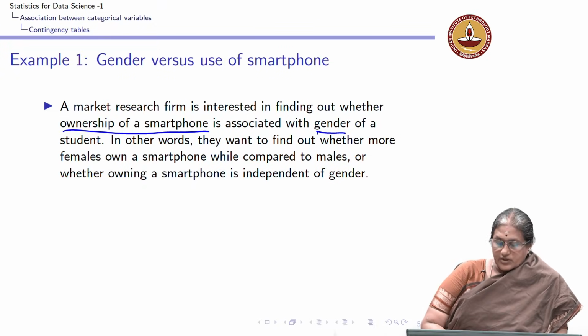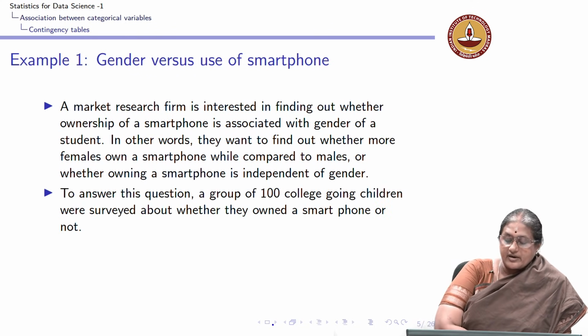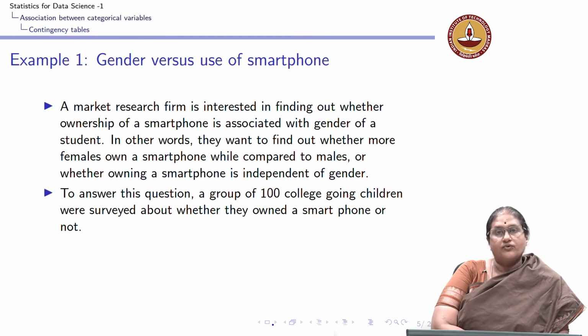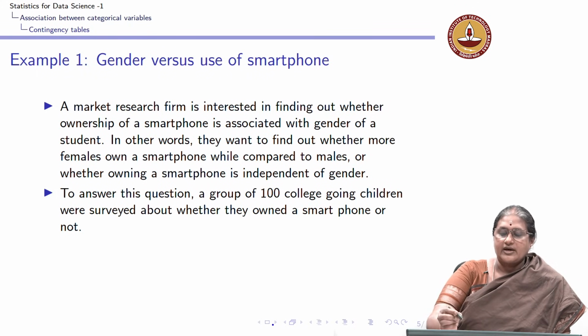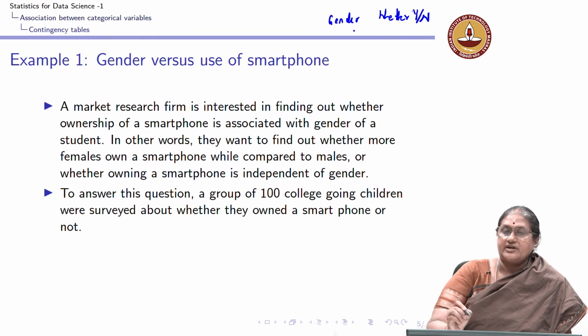A group of 100 college going children were surveyed about whether they own a smartphone or not. For each student, what was captured was gender and whether they owned a phone or not: yes, no, and gender.